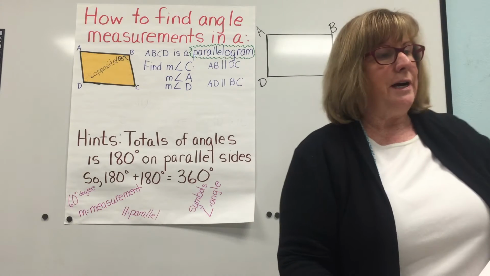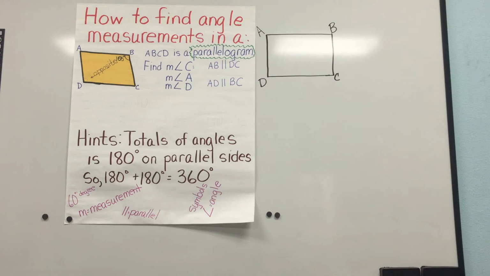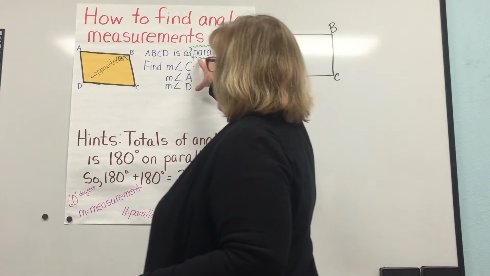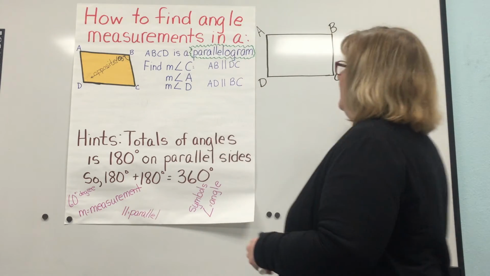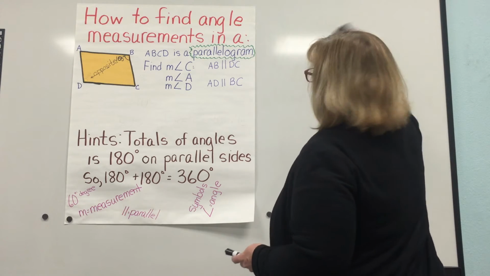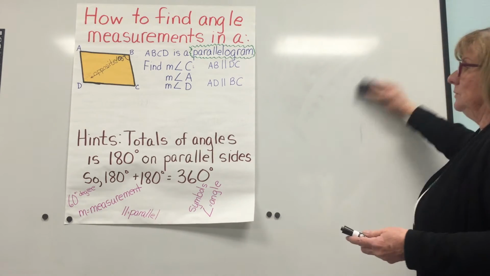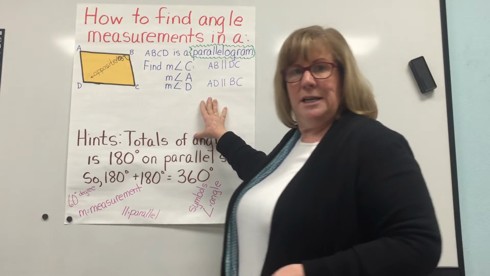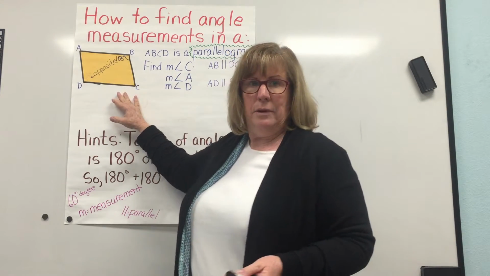And now what we're going to try to do is figure out how we find an angle measurement in a parallelogram. So here I have an example of a parallelogram.